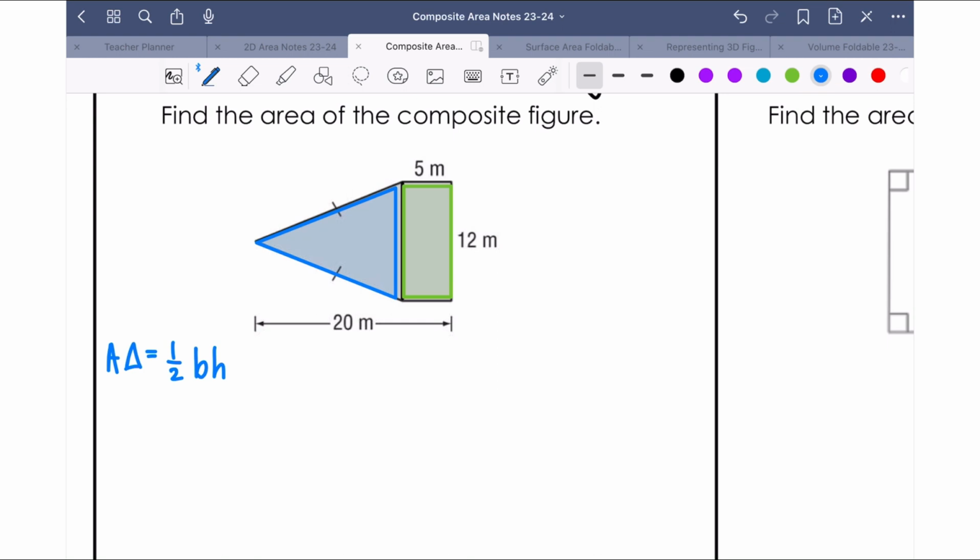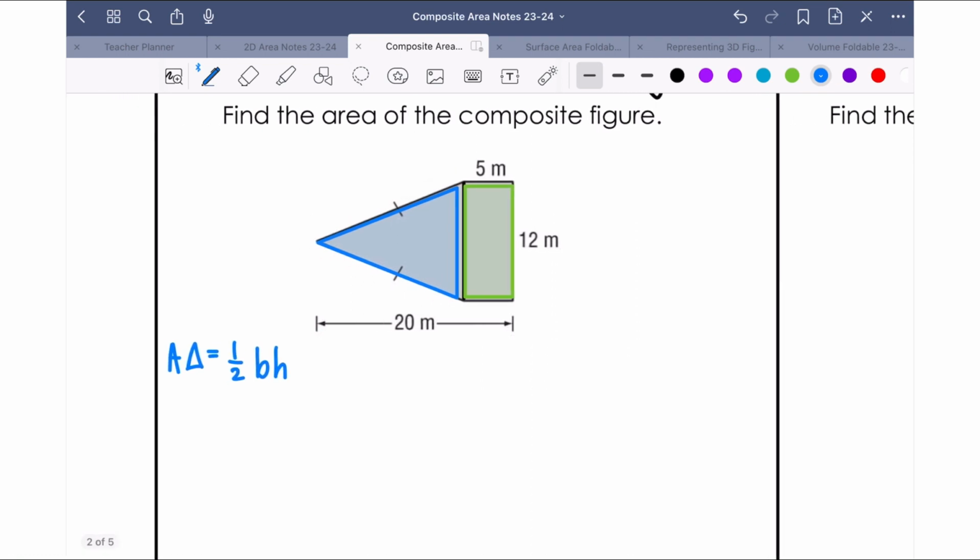This is the formula from our other notes from before. So we need to know what the base is. What is the base of this triangle? I'm going to redraw it right here. So what is the base length, the bottom? Right here, that is 12. And what is the height? How tall is it? From here to here.